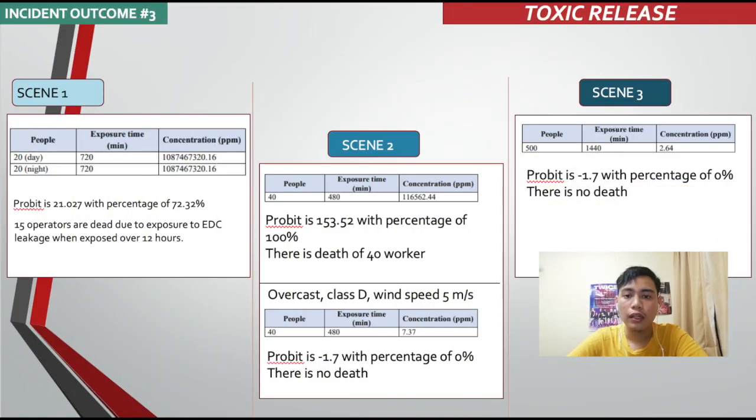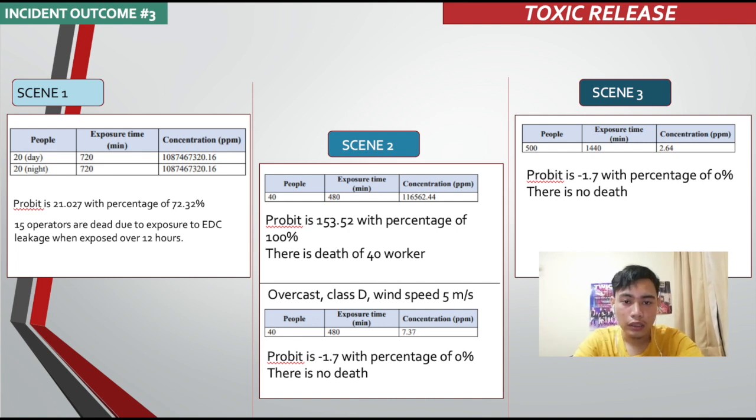Next, my part is the probability analysis for toxic release. As we can see, there are three parts in this study, which is about 20 workers exposed in daytime and nighttime.